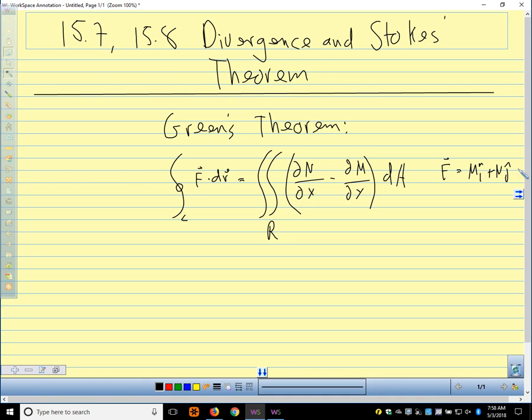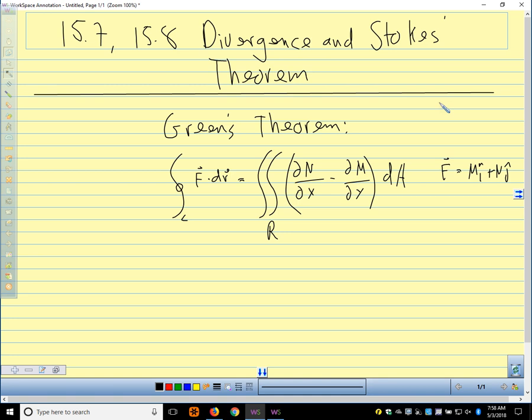Now, we've mentioned it several times. I want to point out again that Green's theorem is a generalization of the fundamental theorem of calculus, where we have the integral of some quantity inside a region equal to some other thing evaluated on the boundary of the region.